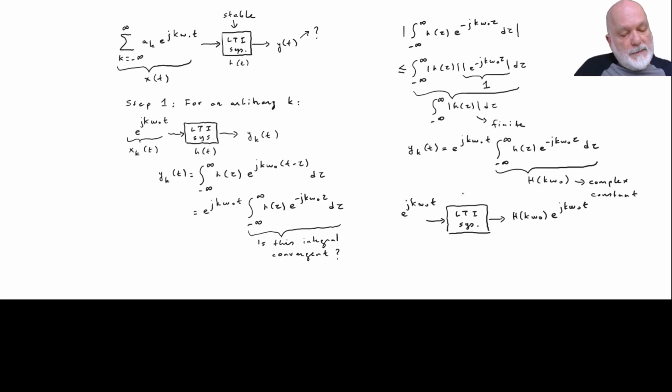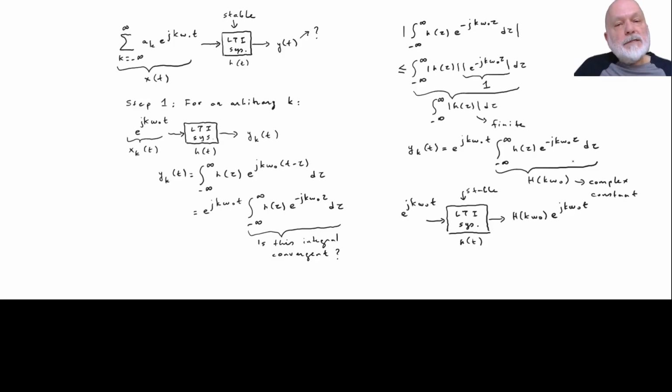Okay, this is the stable LTI system with impulse response h of t. The impulse response, as you see, plays a role in the calculation of this integral. So we have this important result.